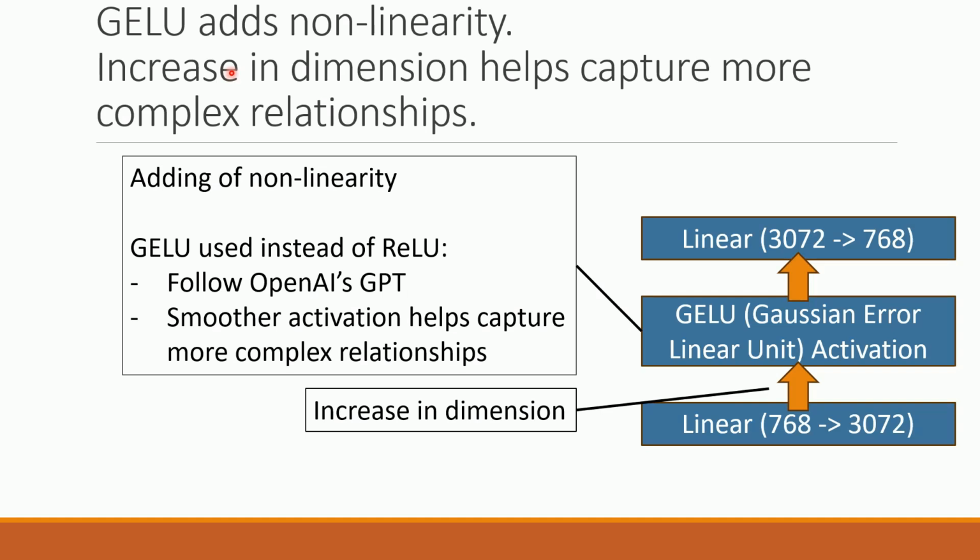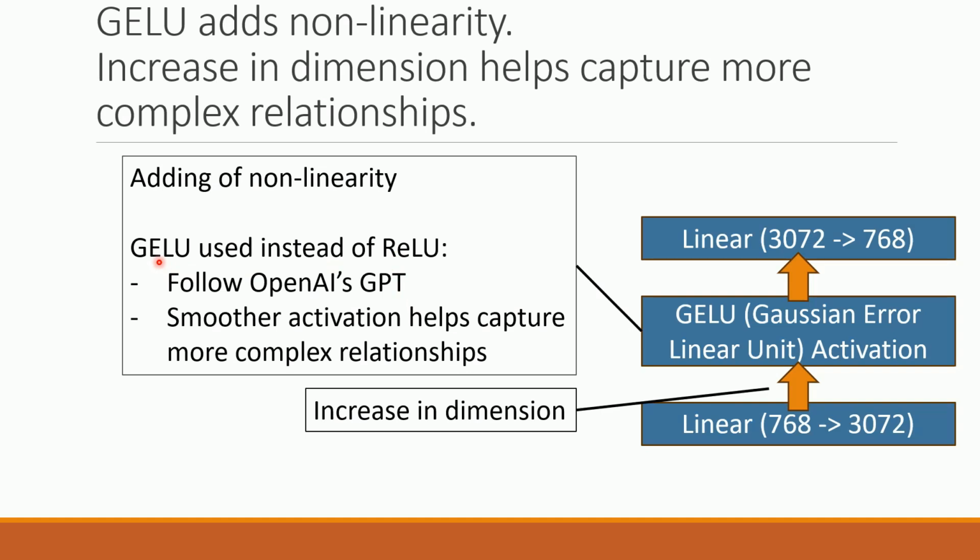So the GELU is used to add some non-linearity, and the increase in dimension over here helps it to capture more complex relationships. You can see it increase from 768 to 3000 plus.